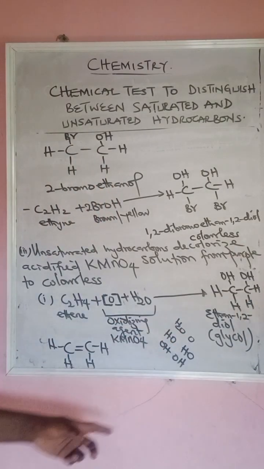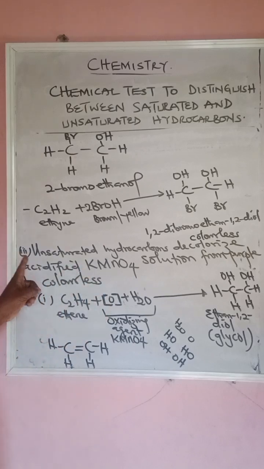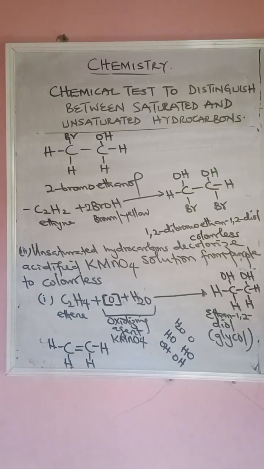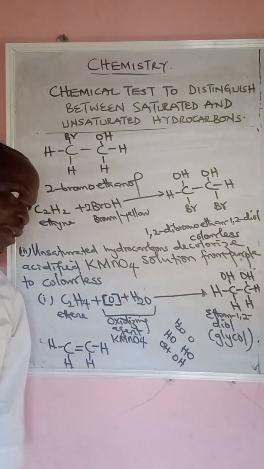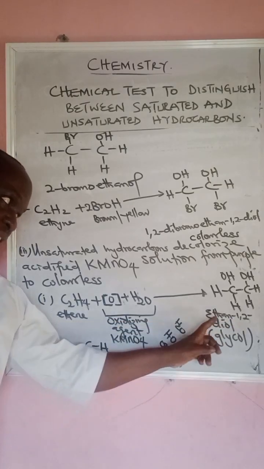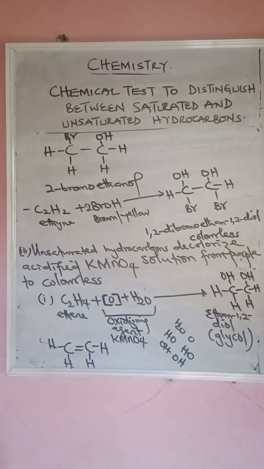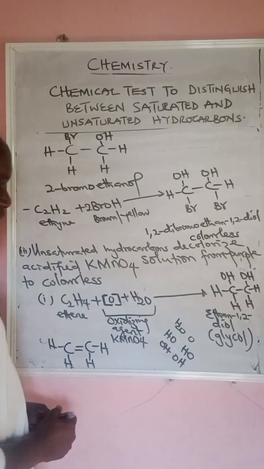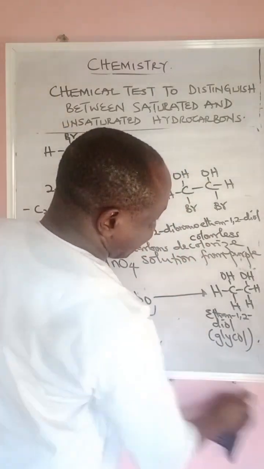So how do we form glycol? Glycol is obtained when ethene is oxidized by acidified KMnO4 solution. Please take note of that. The reaction between ethene and acidified KMnO4 will yield ethan-1,2-diol, known as glycol. And glycol, as I have told you, is an antifreeze.